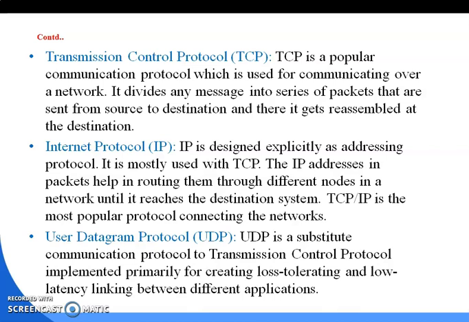How? It follows the three-way handshake process. What is the three-way handshake? Before transmitting, the sender first sends a signal to the receiver to check whether the receiver is ready to receive.